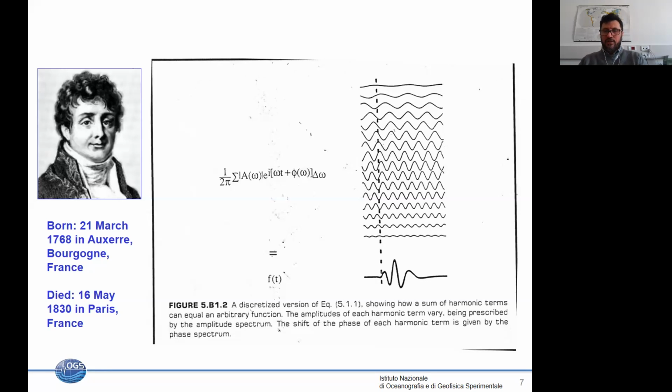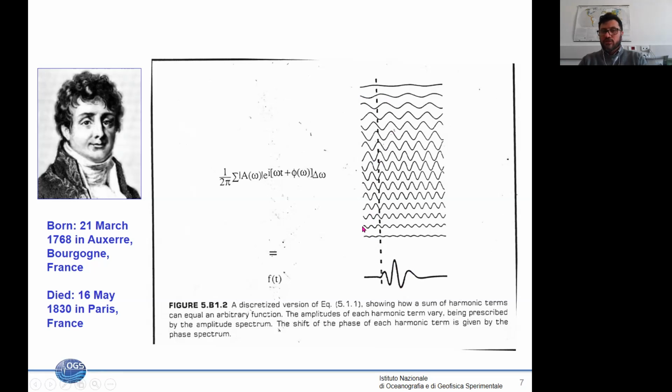original signal. So you see here, for example, a very simple seismogram that can be described by a summation of different sinusoids, sines or cosines, that have different amplitude, as you can see here if you go in the vertical direction, different frequency, you see on the top longer period and lower frequency, and also different phase.